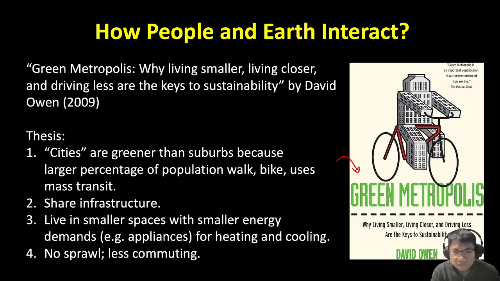Even though you still see lots of cars in Manhattan, it seems like most of them do not live in the city itself.